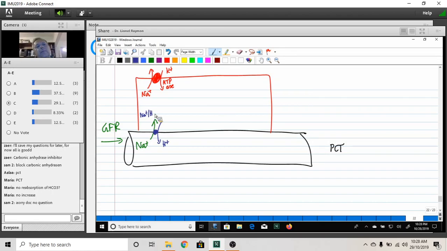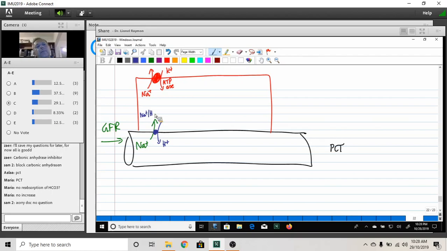And this is critical because as bicarb is also freely filtered, well, bicarb and the proton, they can be combined together thanks to a luminal carbonic anhydrase into, of course, H2O and CO2, which are freely permeable.